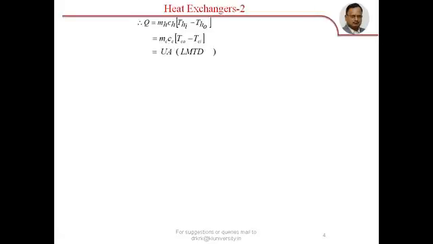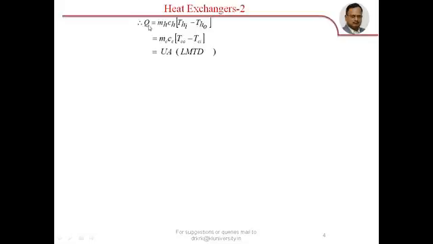You know THI, inlet temperature of hot fluid, and you know inlet temperature of cold fluid. You are asked to determine the rate of heat transfer Q, outlet temperature of both fluids THO, TCO.